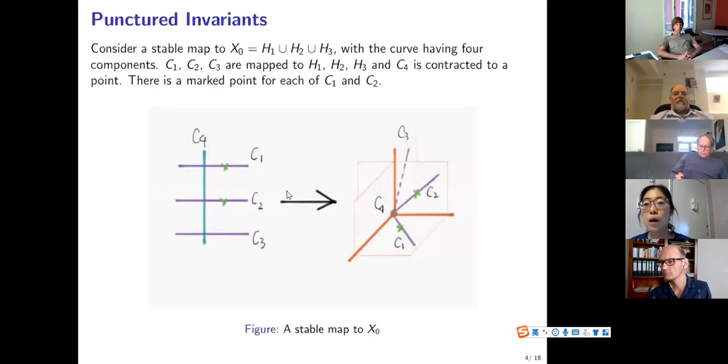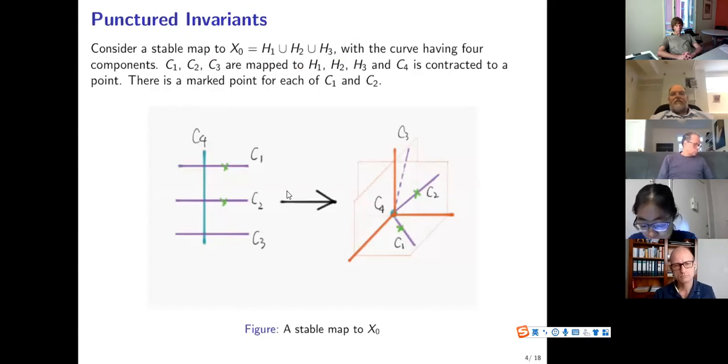So what are the punctured invariants? Let's see an example. First we start with a stable map to the central fiber we're interested in, and we are considering the type where the curve has four components.